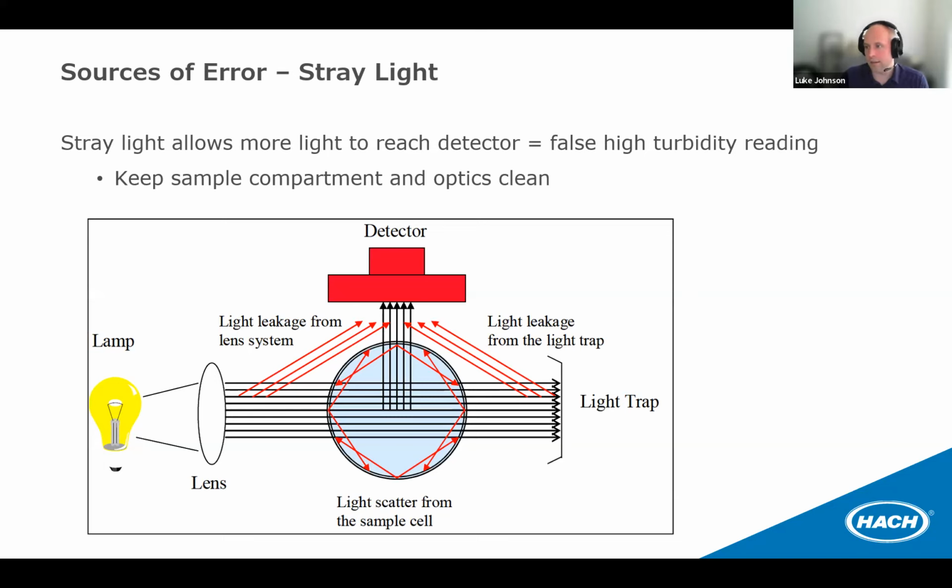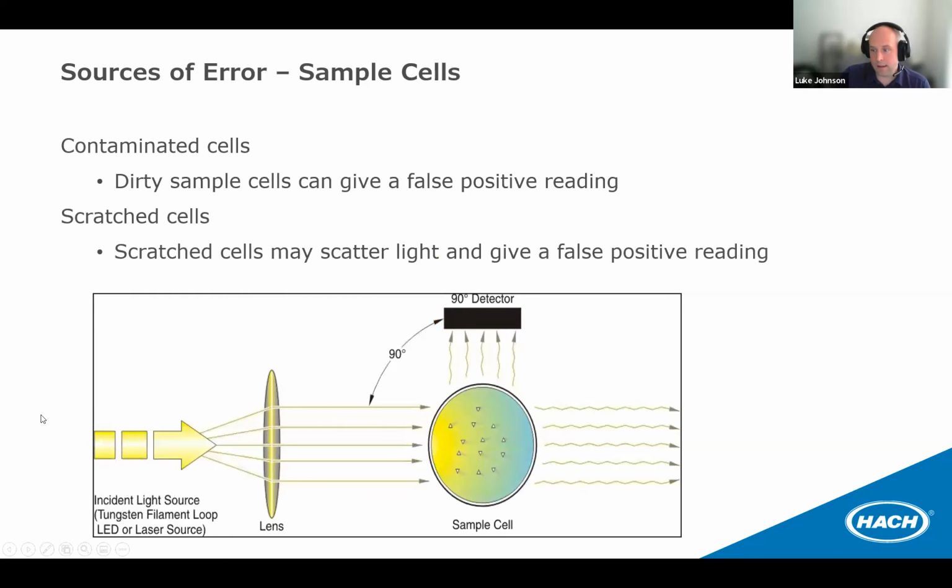minimize stray light. And then, like I mentioned, we can also get stray light from the sample cell. So that can come from a contaminated cell. If there's schmutz on the inside of the cell here or scratches or something on the outside of the cell, light can hit that and reflect to the detector, and that is not the turbidity of the sample, obviously.